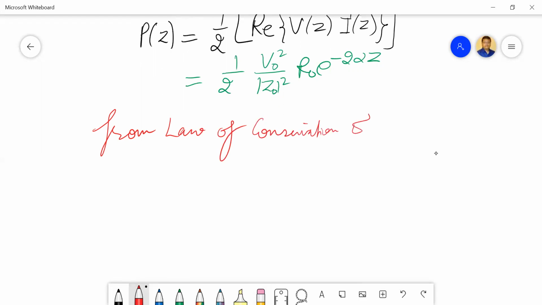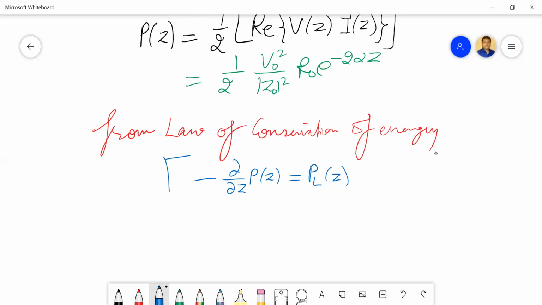What we can write here is minus dou by dou z of Pz equals PLz. What is that?